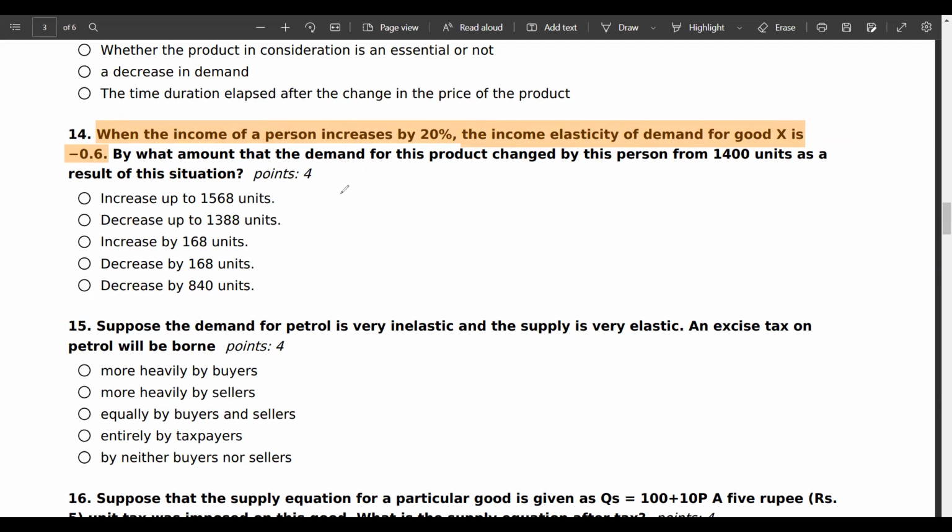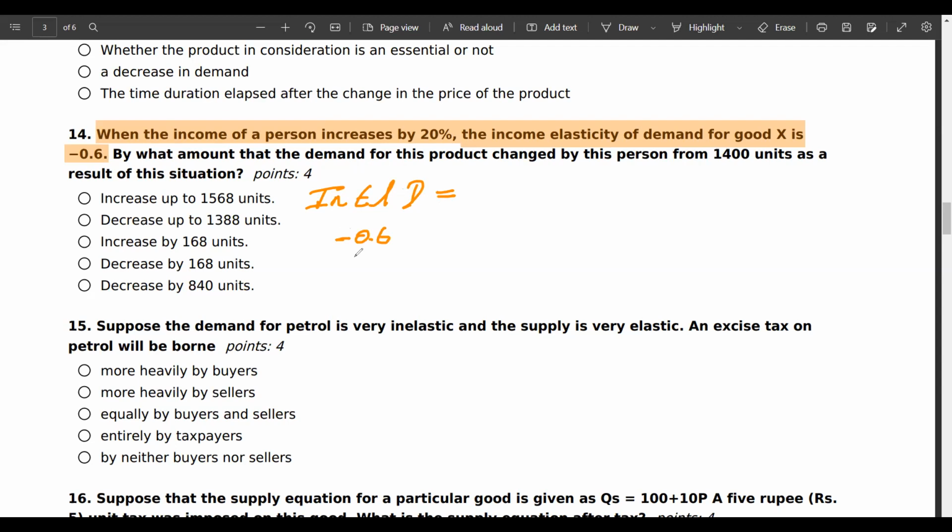So normally, let's say we are talking about income elasticity of demand, right? They are saying the income elasticity of demand coefficient is minus 0.6. That's what they are saying.